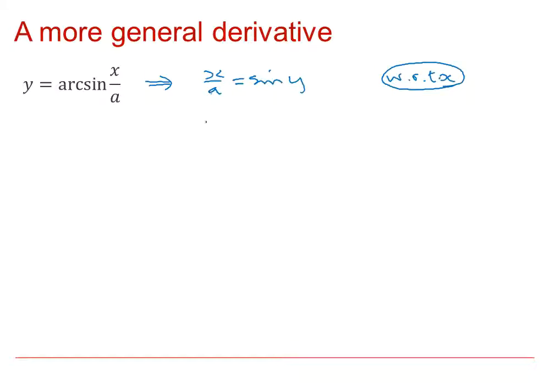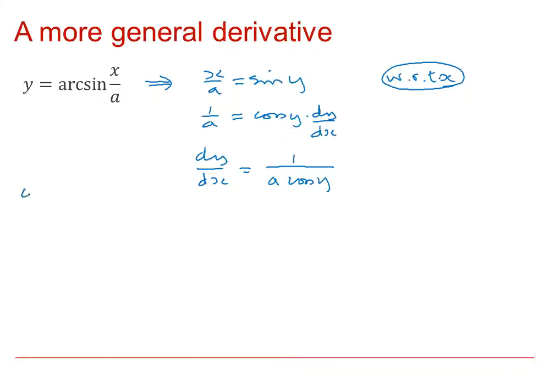If we differentiate x over a, that will become 1 over a. Differentiate sine y, so this will be implicit, it will become cos y times dy by dx. A little bit of rearranging, dy by dx is 1 over a cos y.